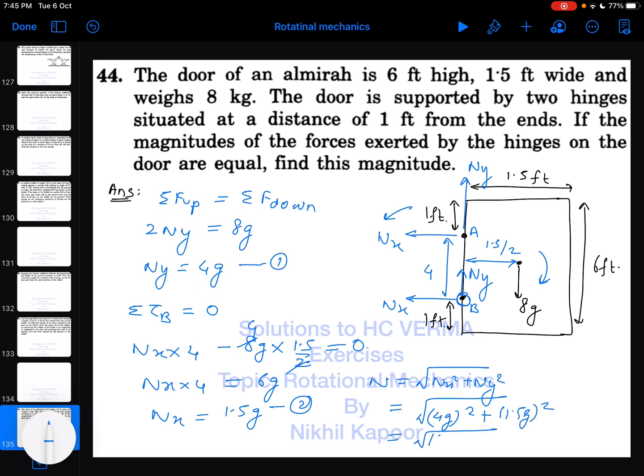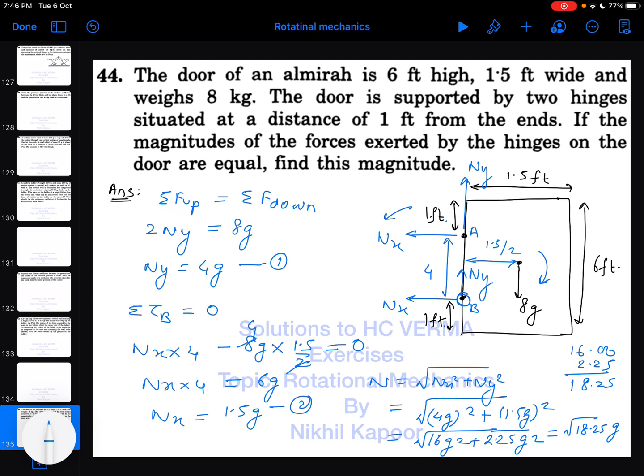So it will be 16g square plus 2.25g square. So 16 plus 2.25 is 18.25g square. So this comes out to be under root of 18.25g.